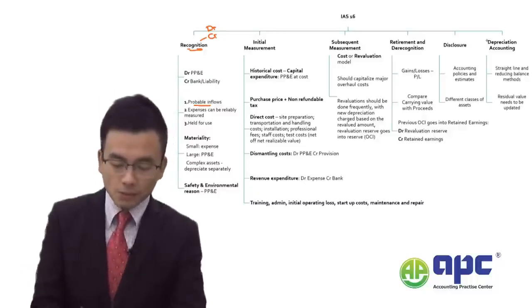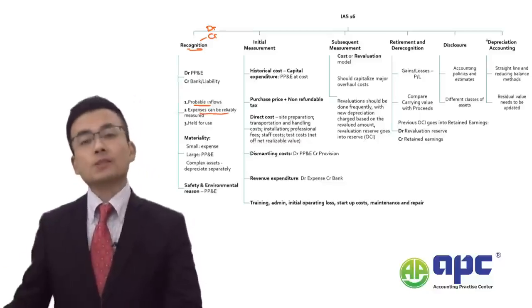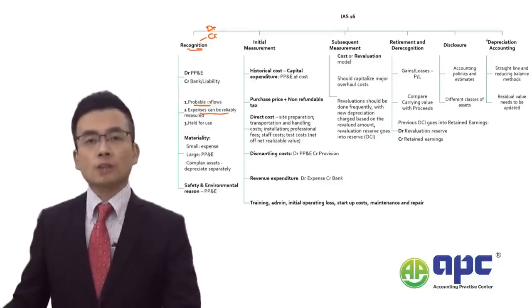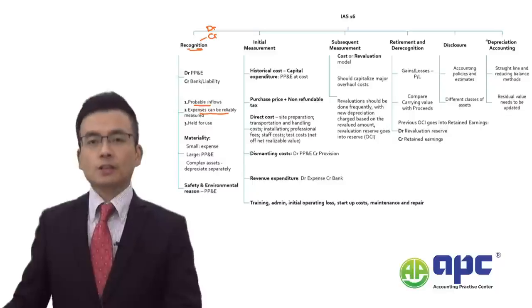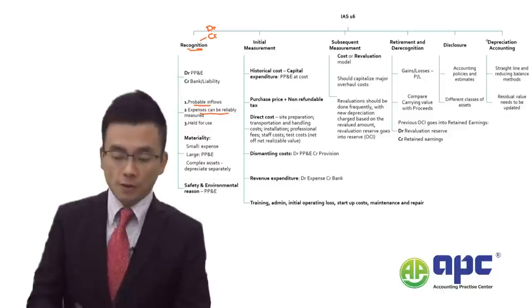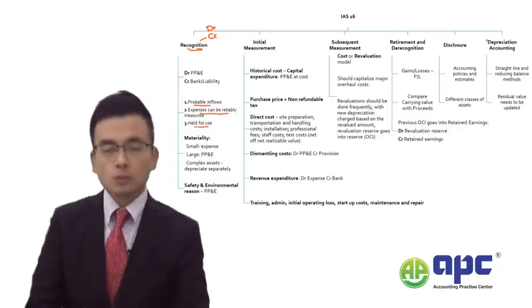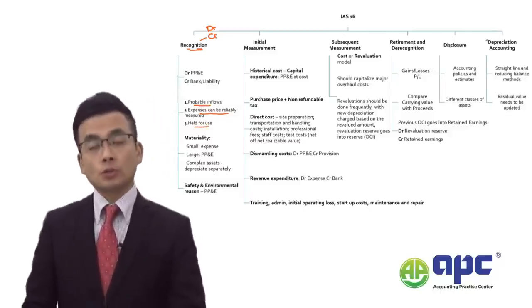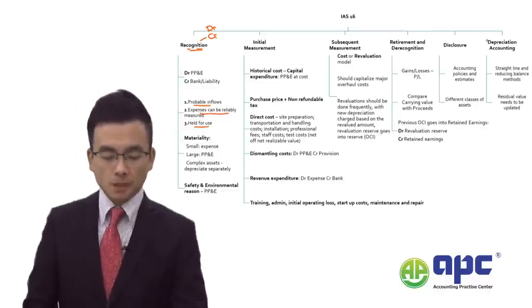And the expense can be reliably measured, which means we're going to spend the money and we've got the invoice already, so we can recognise that PP&E at that particular value. And very importantly, the PP&E should be held for use, either for production processes or for administrative purposes.